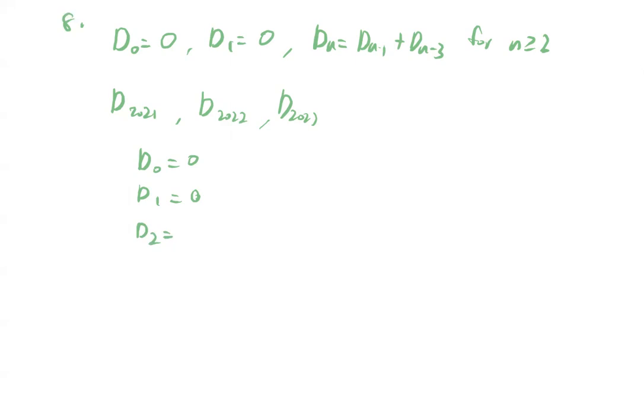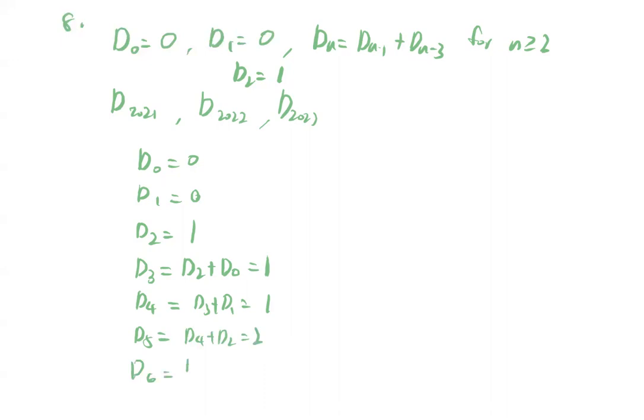Sorry, d2 is 1, and d3 is just d2 plus d0, so it's 1. d4 is d3 plus d1, 1. d5 is d4 plus d2, which is 2. d6 is d5 plus d3, which is 3. d7 is 3 plus 1, which is 4. d8 is 4 plus 2, which is 6. d9 is d8 plus d6, which is 9.